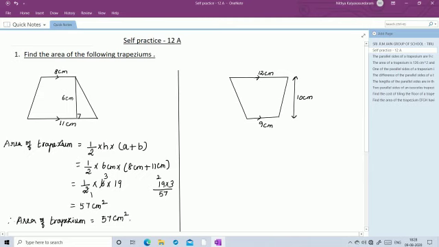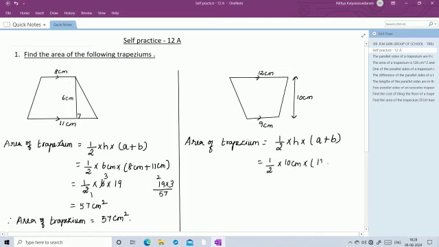Next question. Here the parallel sides are 12 centimeter and 9 centimeter. Then height of the trapezium is 10 centimeter. So substitute in that formula, then calculate the area of this trapezium. Area of trapezium is equal to half into h into a plus b. Half into height is 10 centimeter.